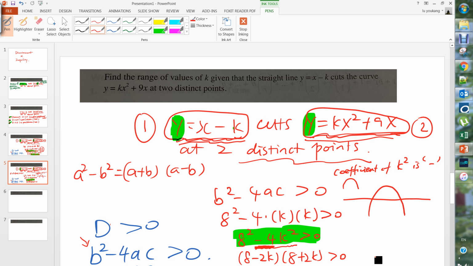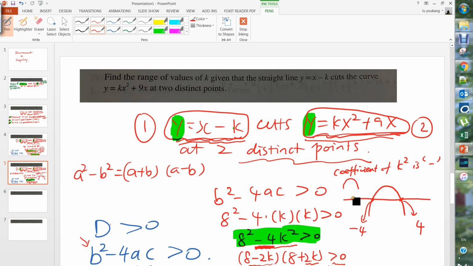Okay? Now, if you solve this inequality, this one will give you k equals 4, and then this one will give you k equals negative 4. So therefore, this point is your negative 4 point, and this point is your 4 point. Okay? I hope things are clear so far. And then next, this inequality is bigger than 0. So when it's bigger than 0, you shade.